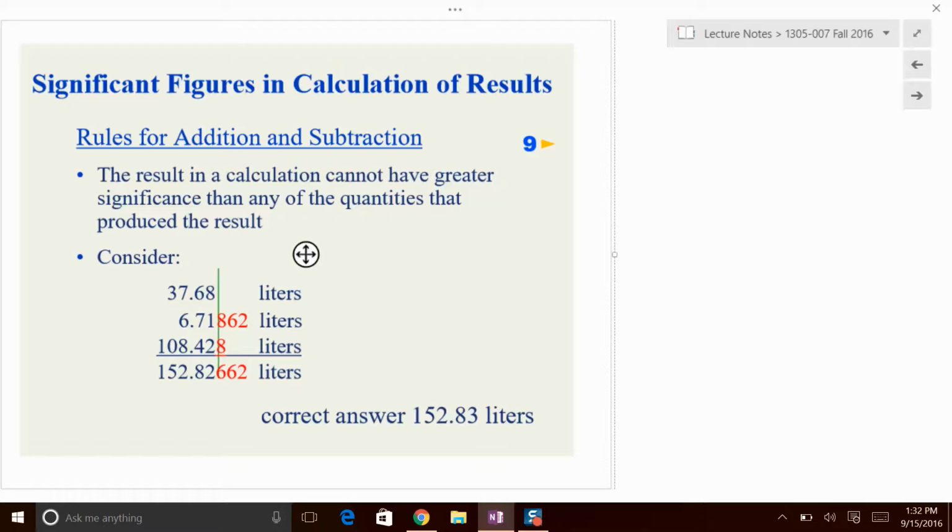Okay? So in this case, that's 37.68. So I cut it off after 2 decimal places, and I round it. So my answer will be 152.83. Okay? Because I'm going to round that 2 up to a 3. 152.83.